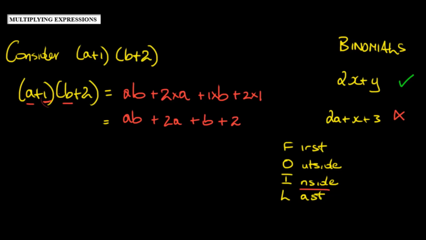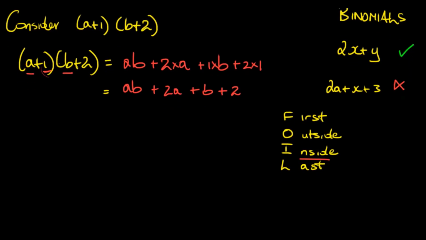But now the next question is, why does it work? There are a lot of ways that we can think about it. One way is by looking at it as multiplying two sides of a rectangle. Let me show you what I mean. Let's say that a plus 1 was the side of a rectangle and b plus 2 was the other side.